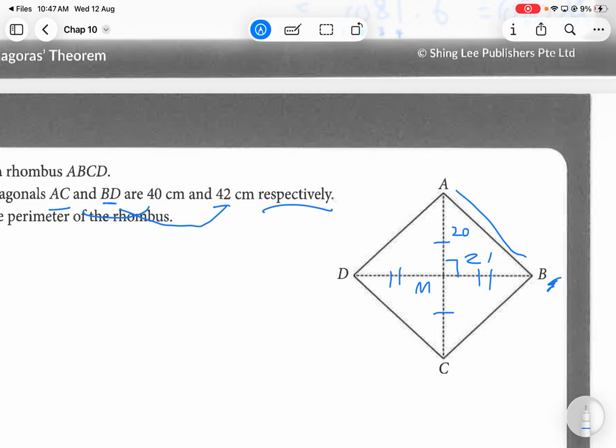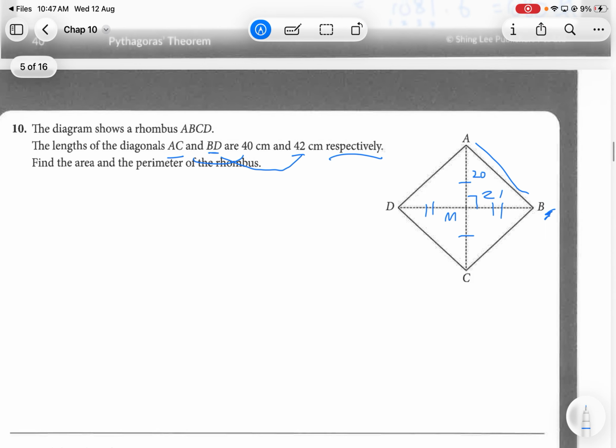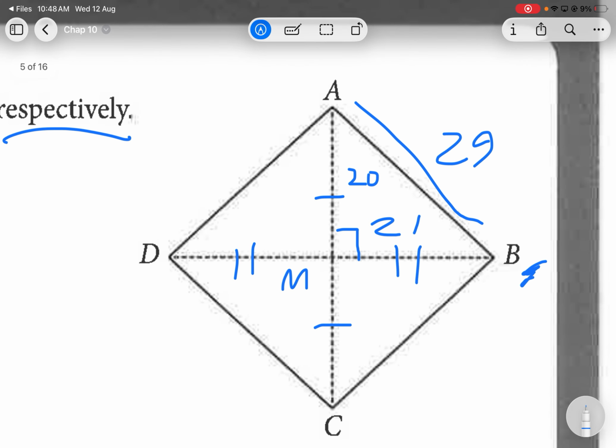Half times base times height equals to 96. From that I can find AP is actually equals to 8.